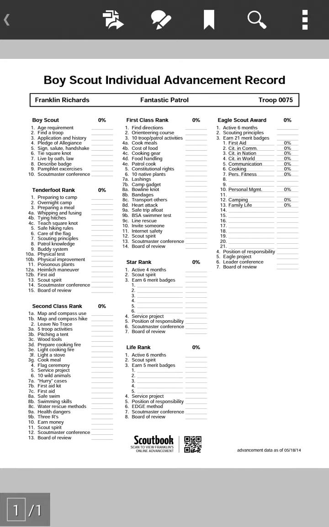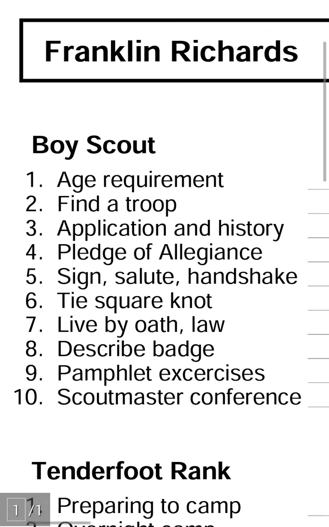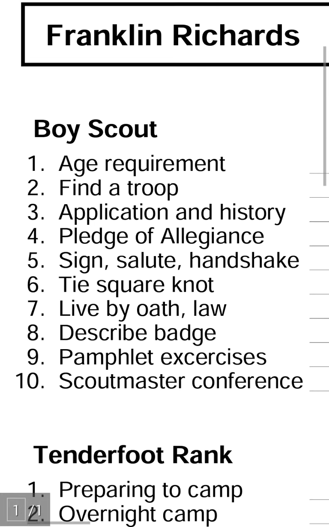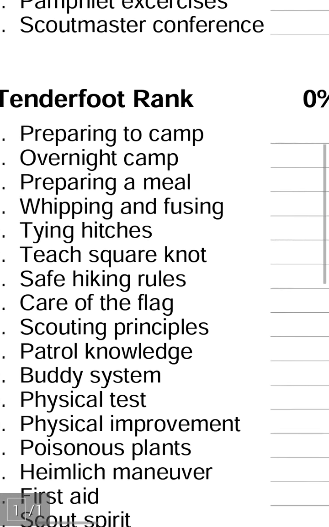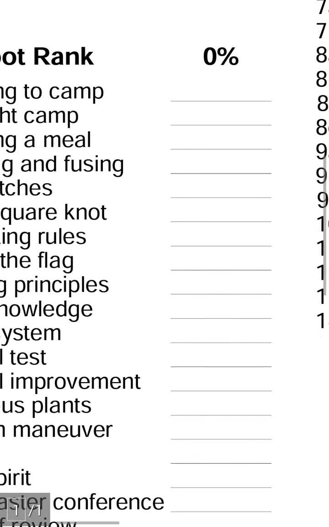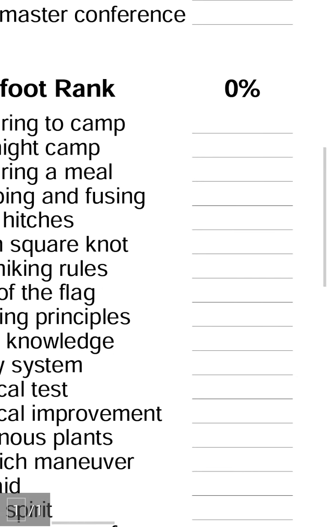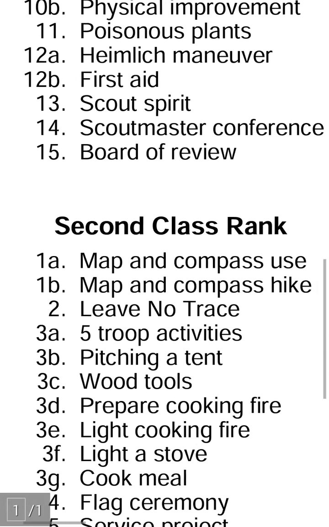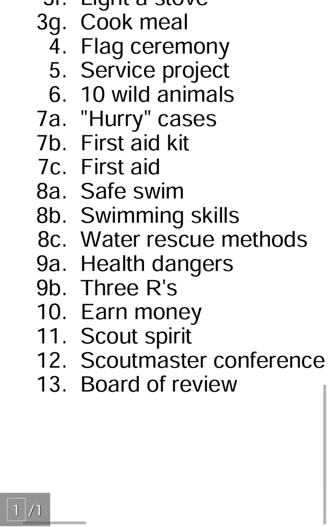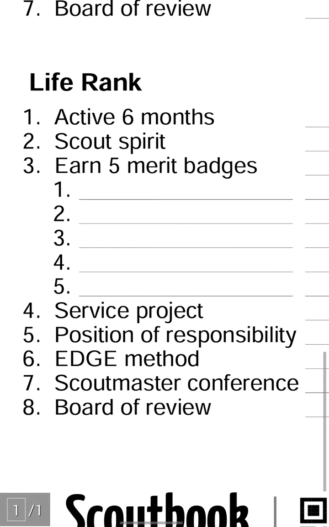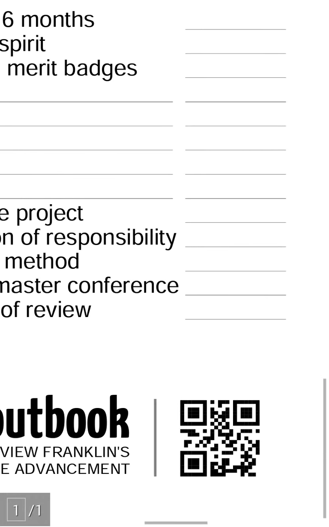We could email out that PDF, or we could print it out. This is the Boy Scout Individual Advancement Record. And it's going to show each of the rank requirements, and what percentage of the badge is done. And obviously this guy needs to get moving.